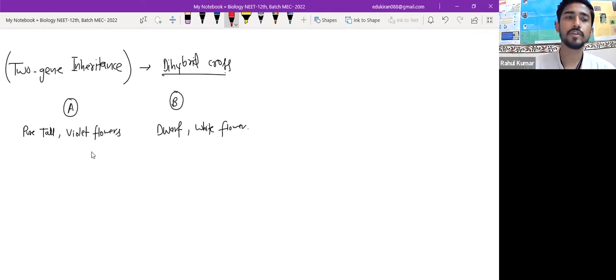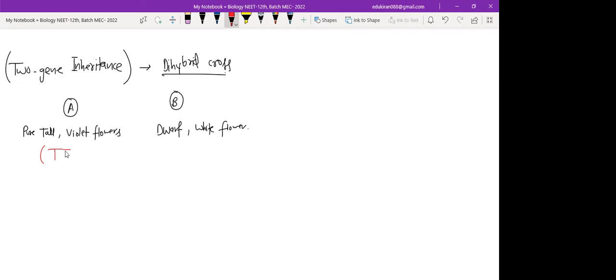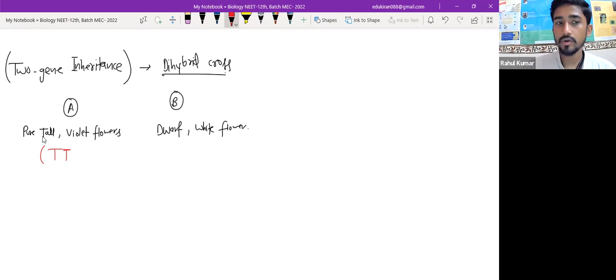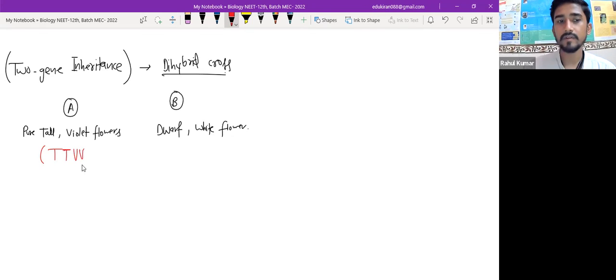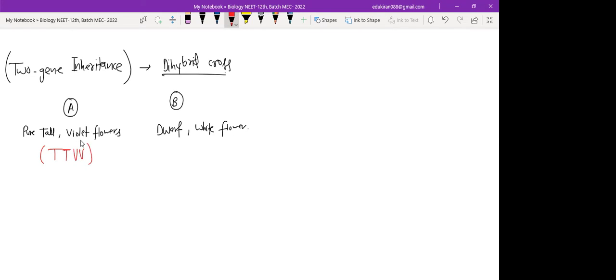Can you also tell me the genotype for parent A? Capital T, capital T, it's pure tall. Then let's say capital V for violet.